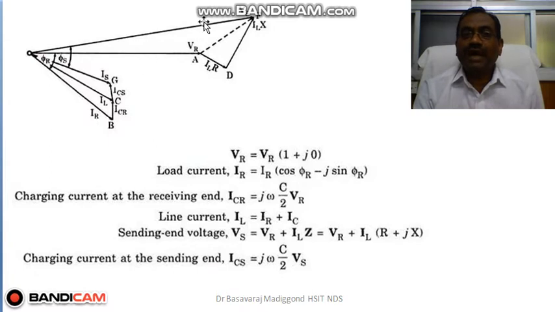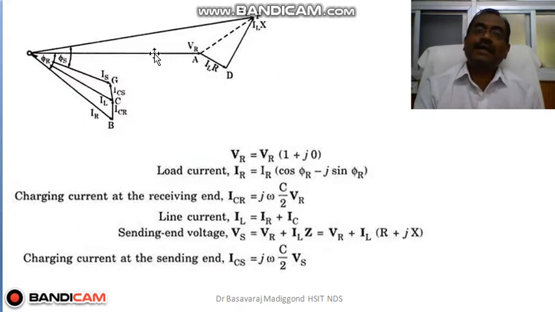So if you add these two drops to VR, what you will get is Vs. Vs is equal to VR plus IL into R plus IL into XL. Now, if I want to calculate ICS, that is the capacitor current at the sending end, this leads Vs by 90 degrees.